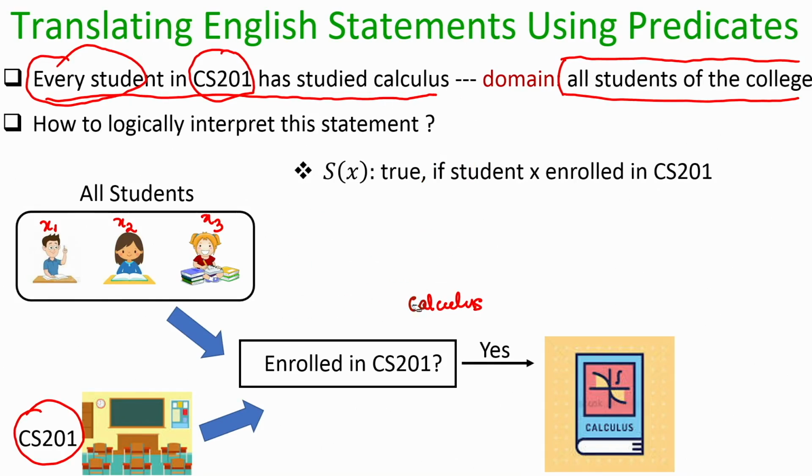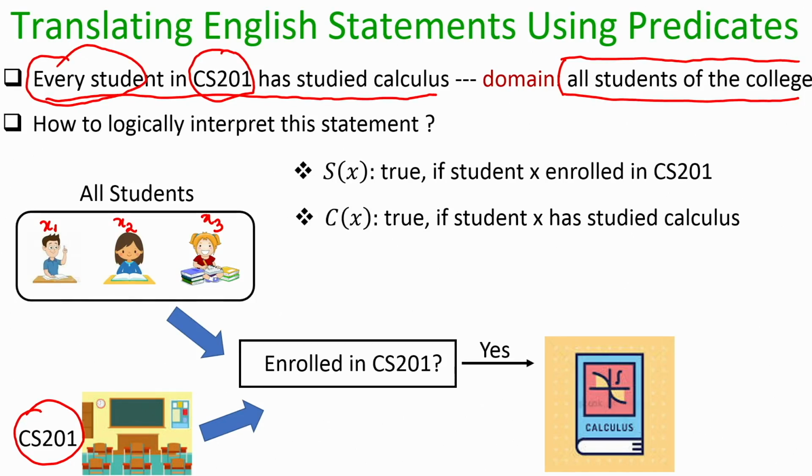And remember, in the predicate world we use variables in capital letters for denoting predicate functions. So, S of x will be true if student x has enrolled for CS 201, whereas S of x will be false if the student x in your domain has not enrolled for CS 201.